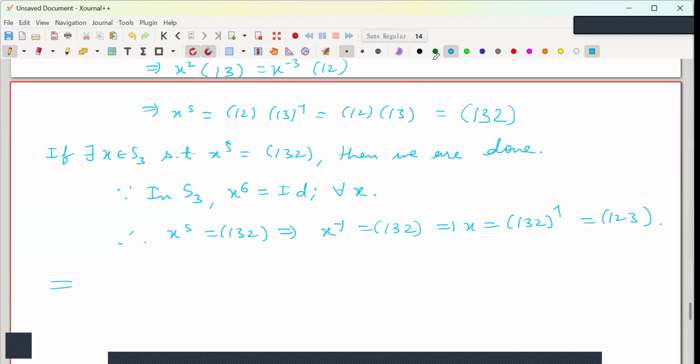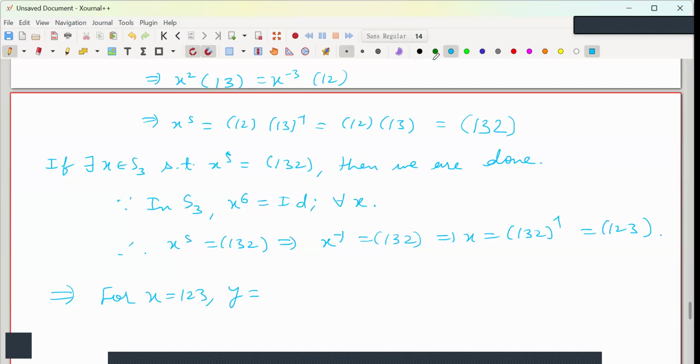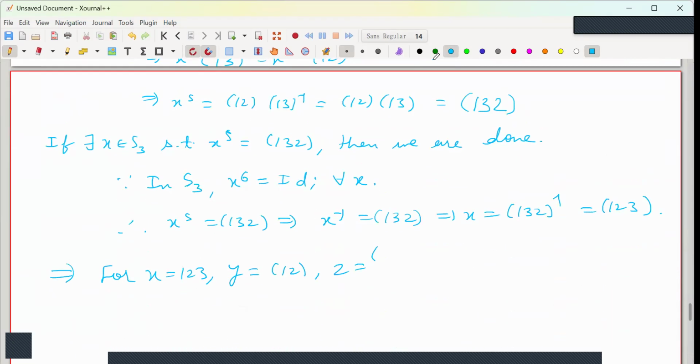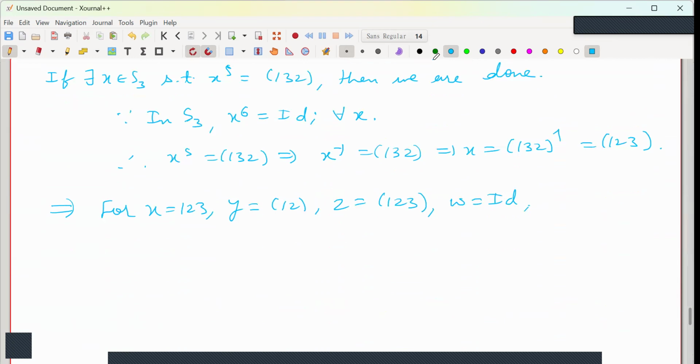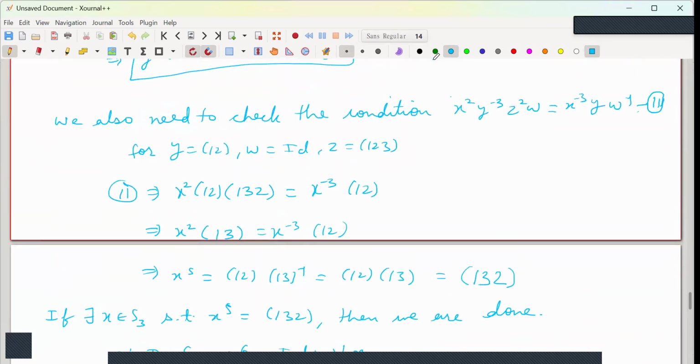So that implies for x equal to 123, y is equal to 12, z equal to again 123, and w equal to identity, the relation, this was our second relation, right?